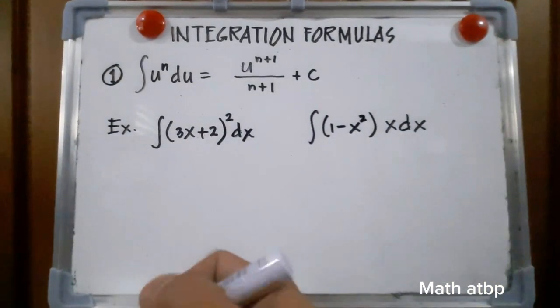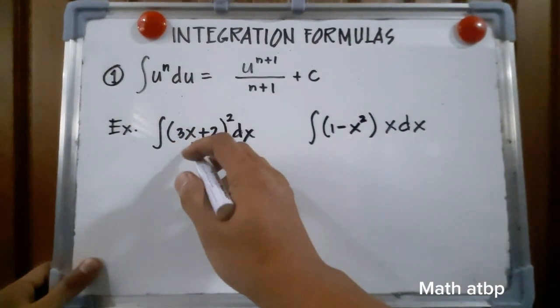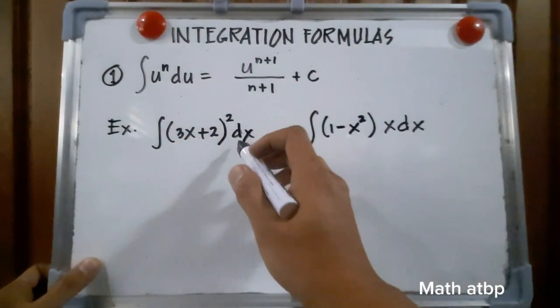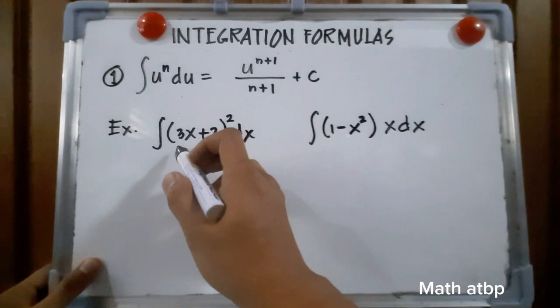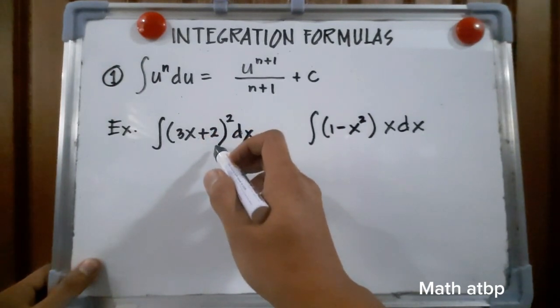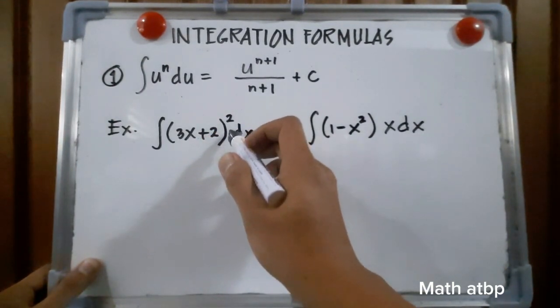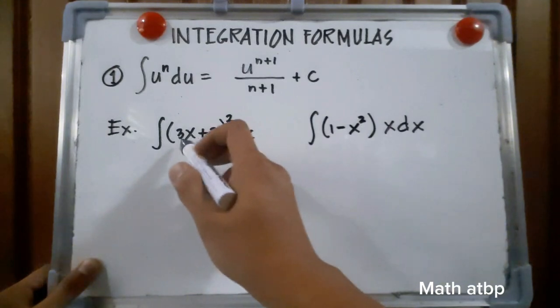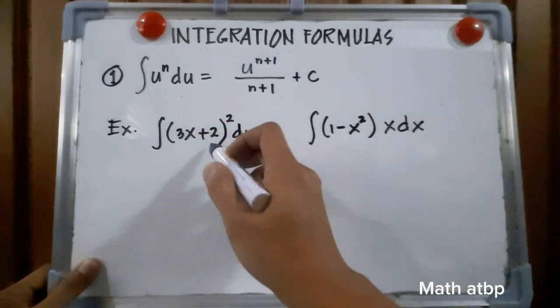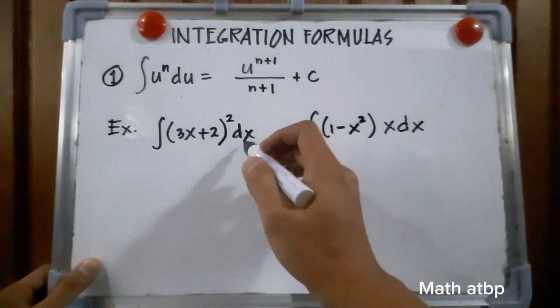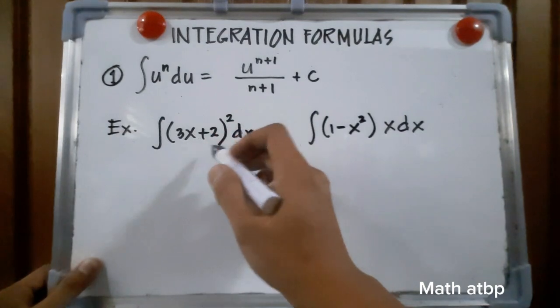Okay, next example. The integral of the quantity 3x plus 2 closed quantity squared dx. Our u is 3x plus 2 and our n is 2, while the derivative of our u, which is 3x plus 2, is not just dx but 3 dx.